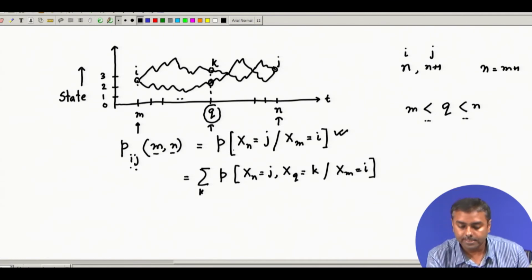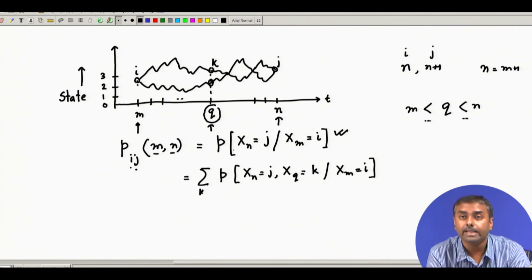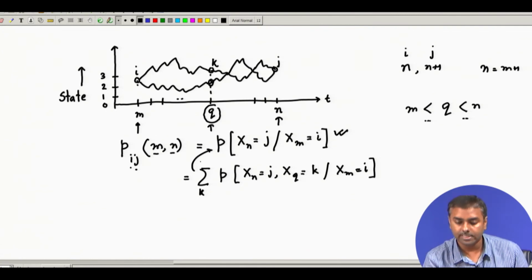So, therefore, it is almost like from a joint distribution, you are taking the marginal distribution. So, basically this is the joint distribution, I have also taken the joint event that X_q was k, and then I have summed over all possible values of k, then I get the corresponding marginal distribution. So, this equation is true.